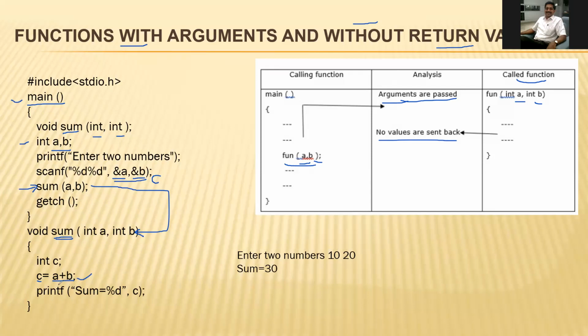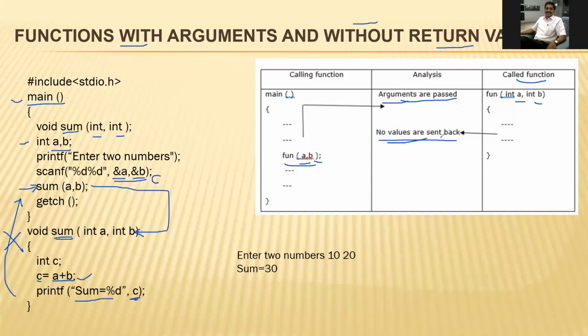Now C is calculated, and this C is directly displayed as the sum here itself. It does not return any value to the main function.